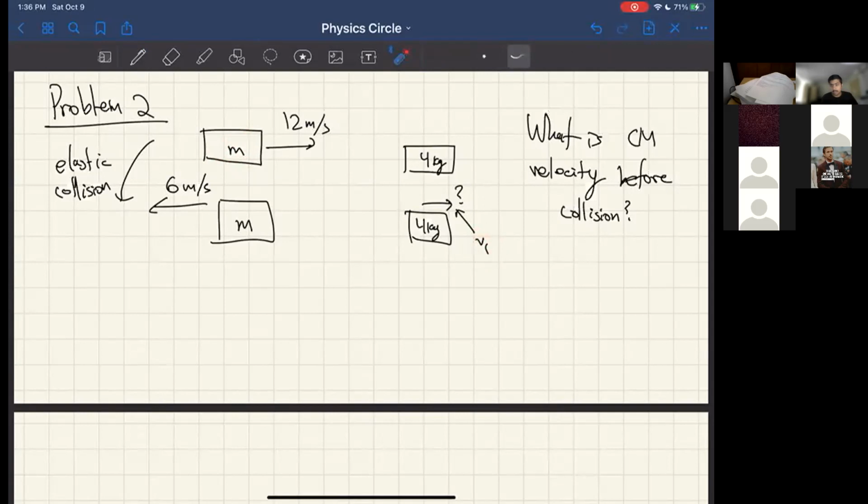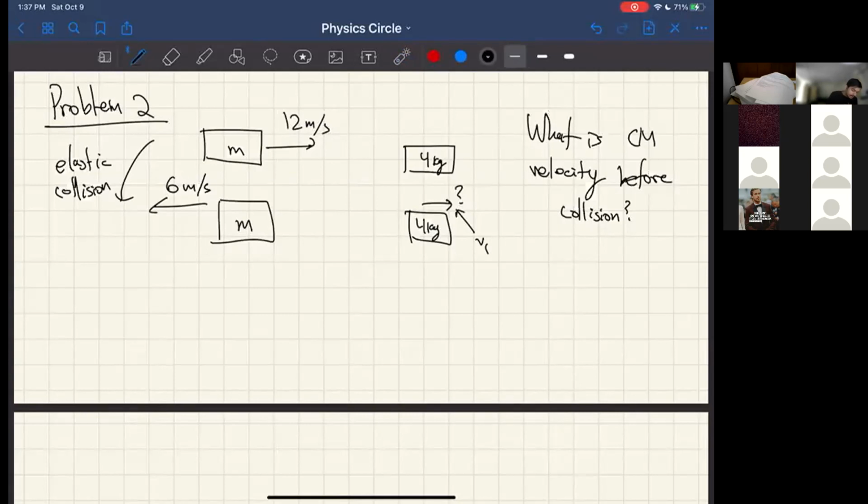You can solve it out. This is a bad approach though, because you're not clear what's going on. You just use some formulas, say momentum is conserved, energy is conserved, find what m is, find what v1 is, and then find the center of mass velocity. That's possible, but let's try to think of it in a nicer way with less calculation. It'll also illustrate a very important point about elastic collisions.